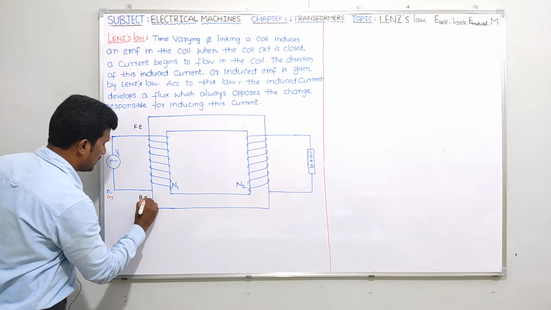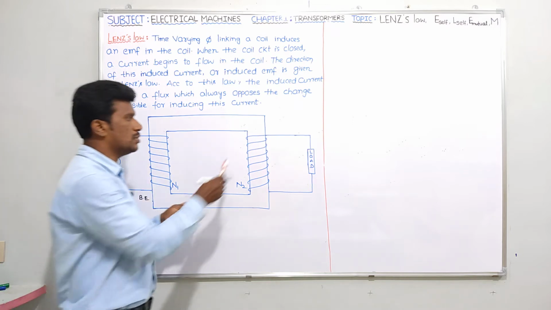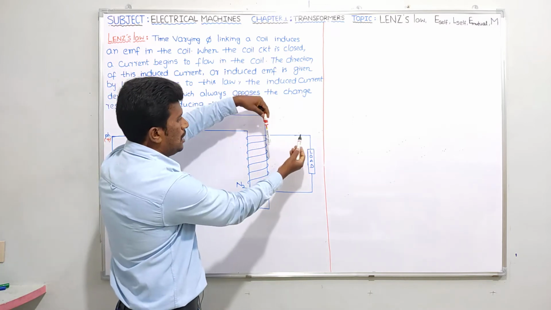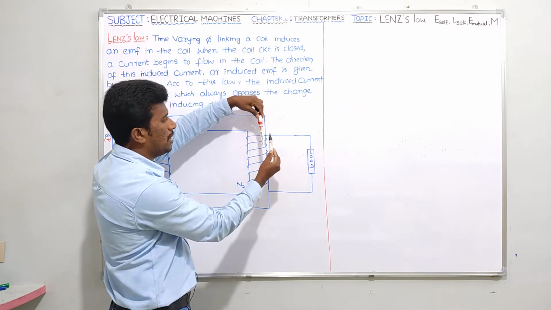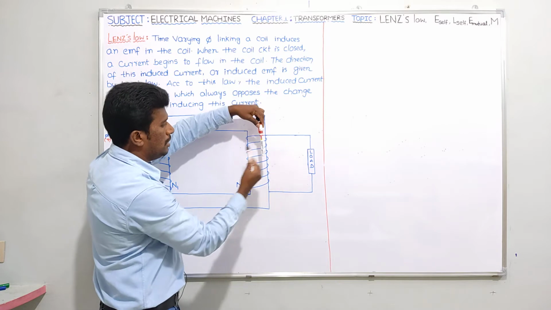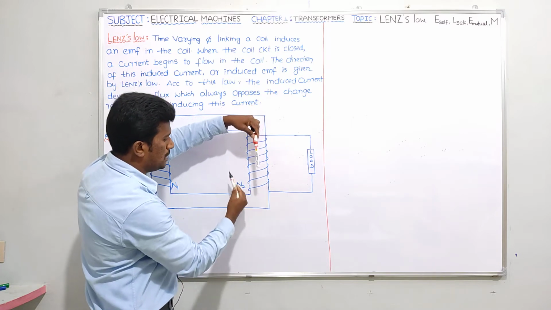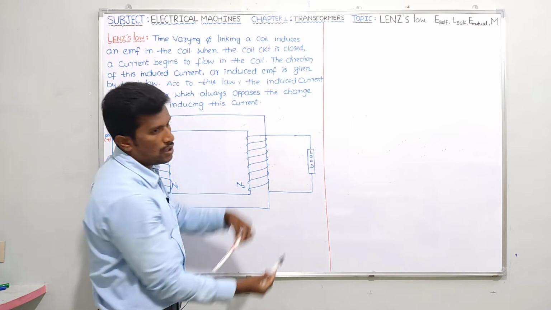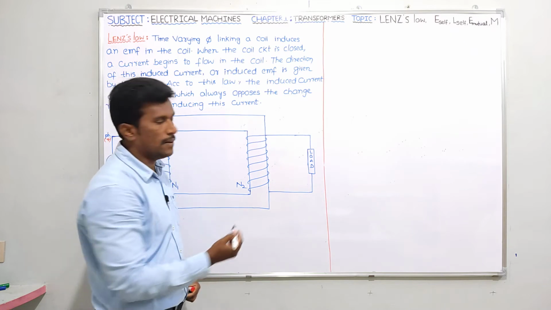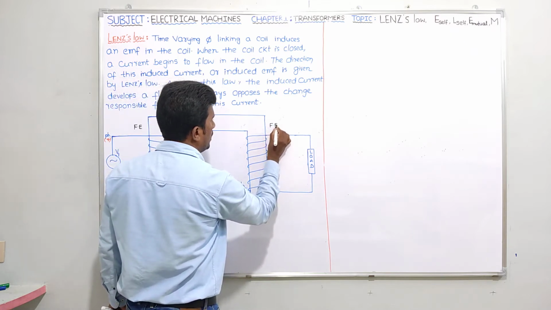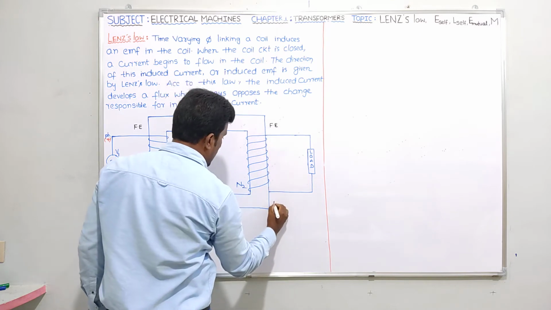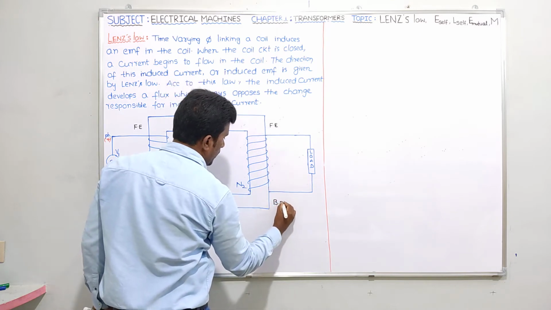Similarly here also, the winding I just wound like this is going from the front side of the limb or leg. It is coming like this. It is going from the back side of the limb or leg. So I can call this one the front end, FE, and I can call this one the back end.